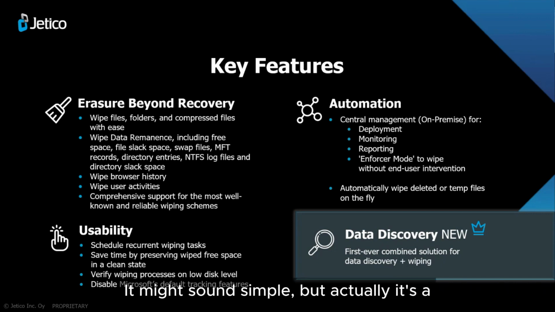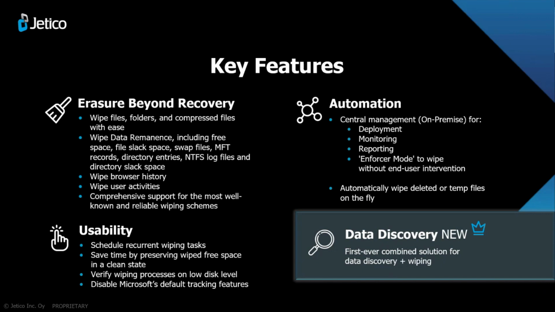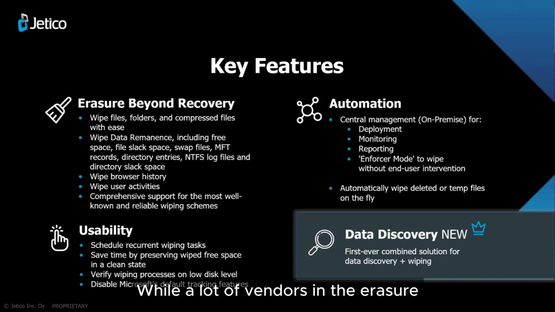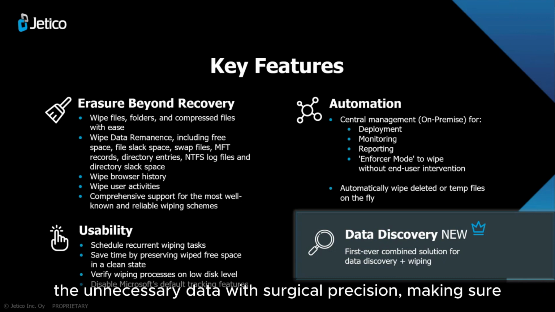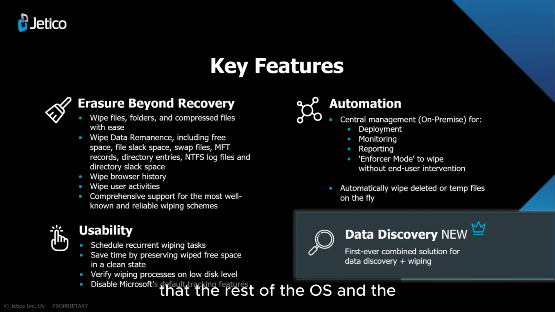It might sound simple, but actually it's a difficult task. While a lot of vendors in the erasure industry focus on full disk erasure, BCWipe is one of the rare tools that targets specific files and folders, being able to remove the unnecessary data with surgical precision, making sure that the rest of the OS and the rest of the necessary files remain intact.